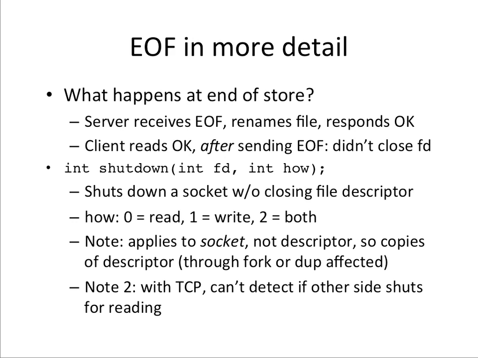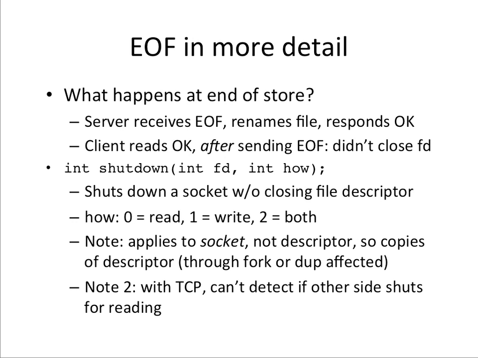Because sockets are special files, we have applications running across the network. You do have to worry about, what happens if this connection request does not get through, right? For example, let's say you have two nodes that are talking to each other, and you just shut one of the nodes down.